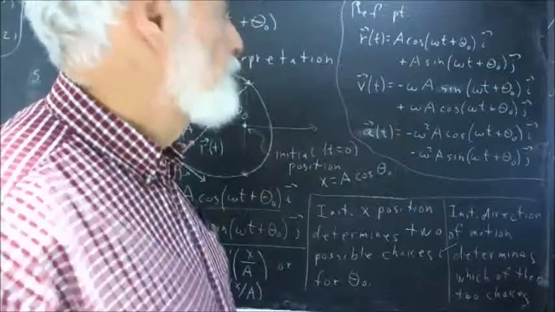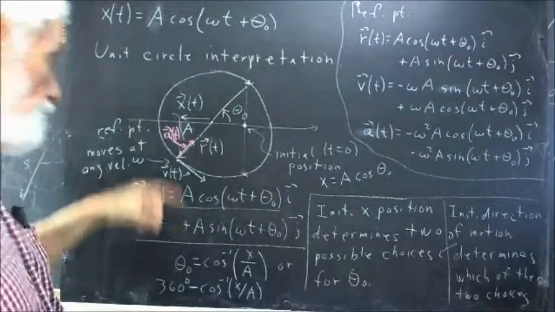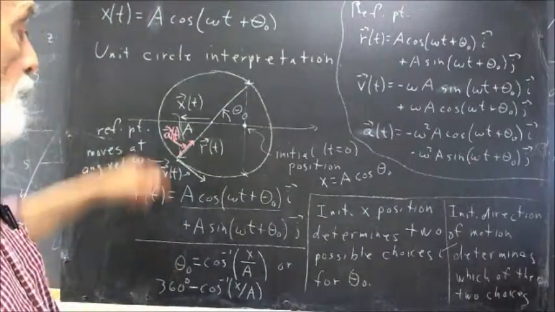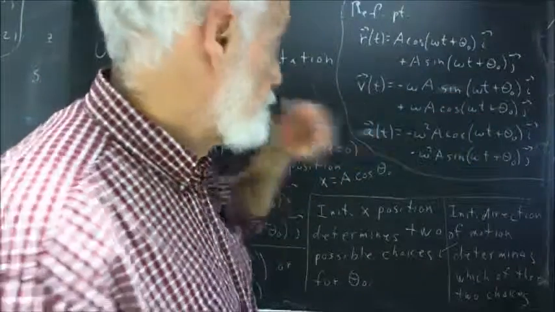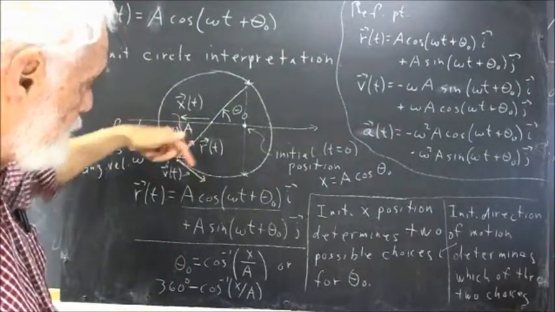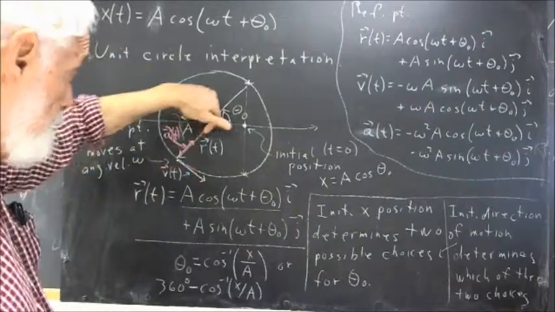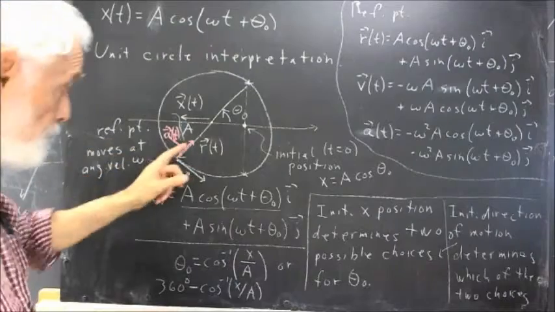The velocity vector can be obtained by reasoning out the speed, which will be omega times A, and using the sines and cosines and the fact that this is going to be 90 degrees ahead of the r of t vector. The acceleration is 90 degrees ahead of that.